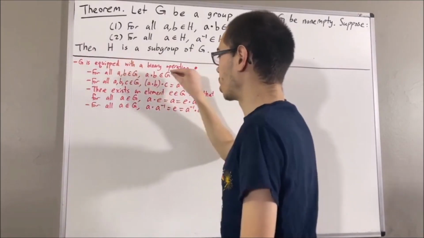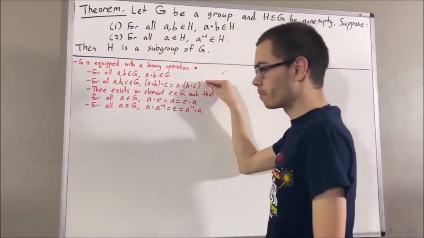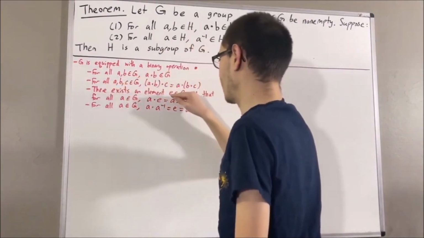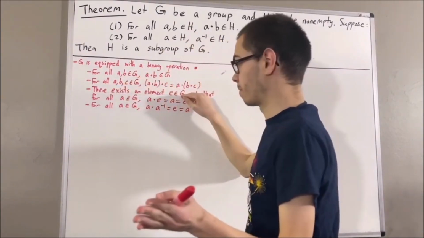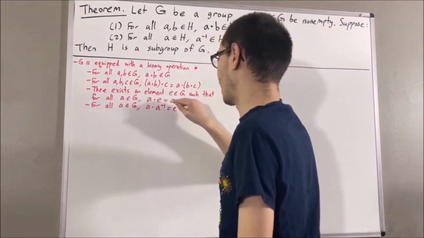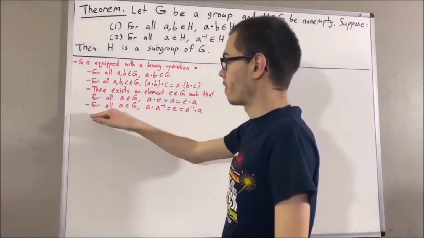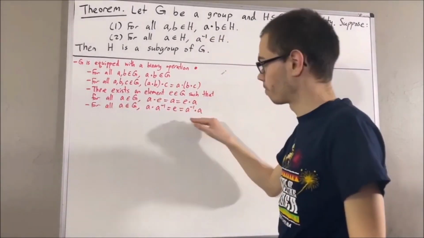We have that G is closed under the binary operation. The associative law holds. There exists an element E in G, which we call the identity of G. It has the property that for all A in G, A times E is equal to A, which is equal to E times A. And lastly, every element of G has an inverse.